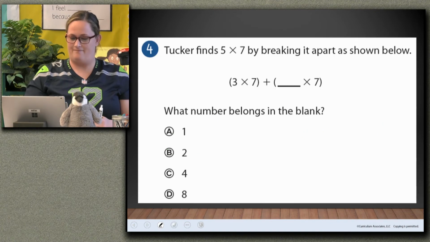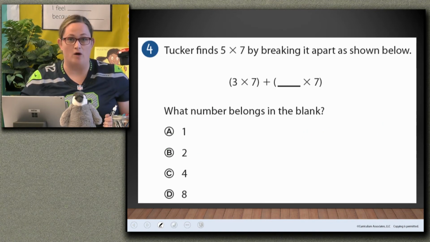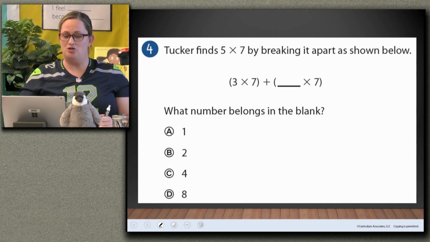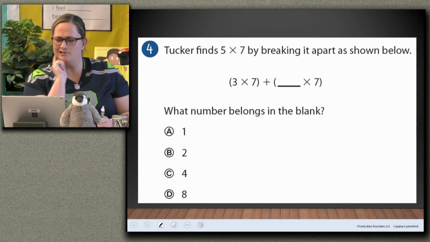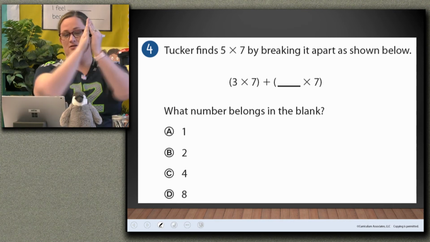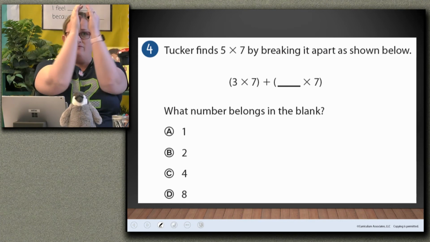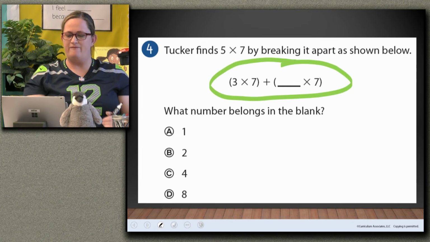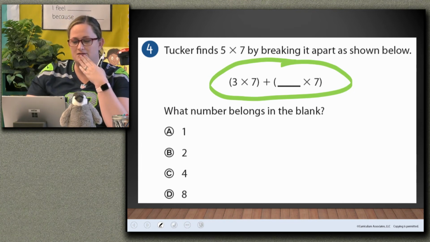Yeah, okay. Number 4. Tucker finds 5 times 7 by breaking it apart as shown below. What factor did he decompose? Which one? Did he decompose 5 or decompose 7? Looking at this, what factor did he decompose?